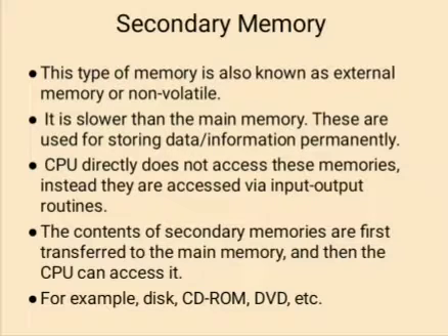Secondary storage devices are of two types, magnetic and optical. Magnetic devices include the hard disk, and optical storage devices are CD, DVD, pen drive, zip drive, etc. So these are the secondary memories.